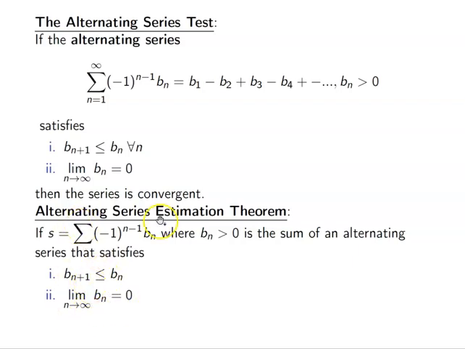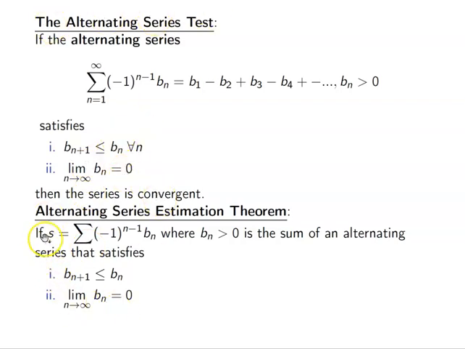It's basically saying that as long as this converges to a value s, it can't equal s if it's not convergent. If it was divergent, it would equal infinity. So it's just putting this condition here. Remember that this is only going to converge if it satisfies the conditions for the alternating series test.